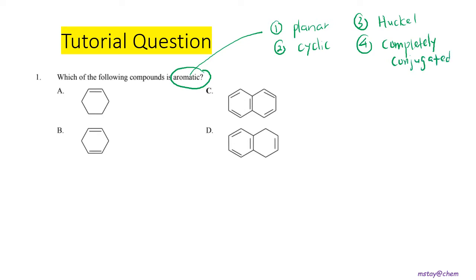Okay, so I think for all the options A until D, requirements 1 and 2, planar and cyclic, should be no problem.